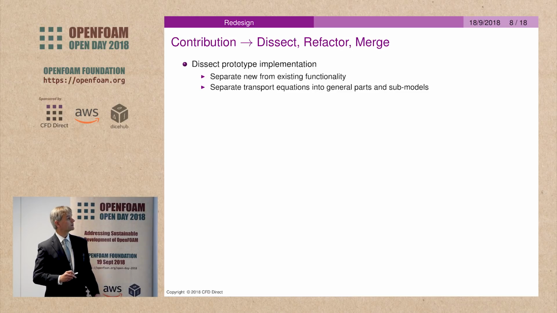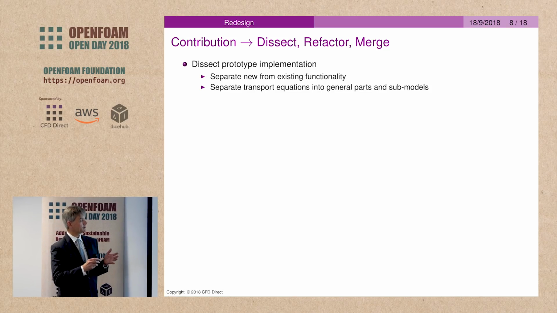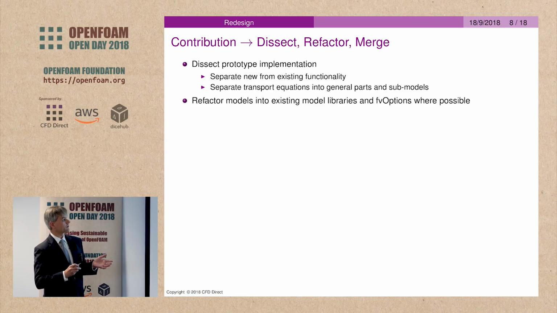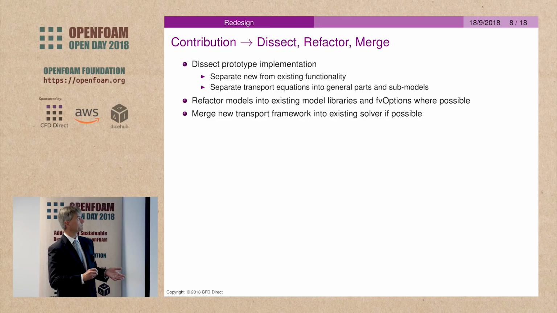We separate the new functionality from the existing functionality. We separate the transport equations into parts, into the general parts and the submodels. And then we refactor the models so that they will fit into existing libraries or move them into fvOptions so that they're runtime selectable.